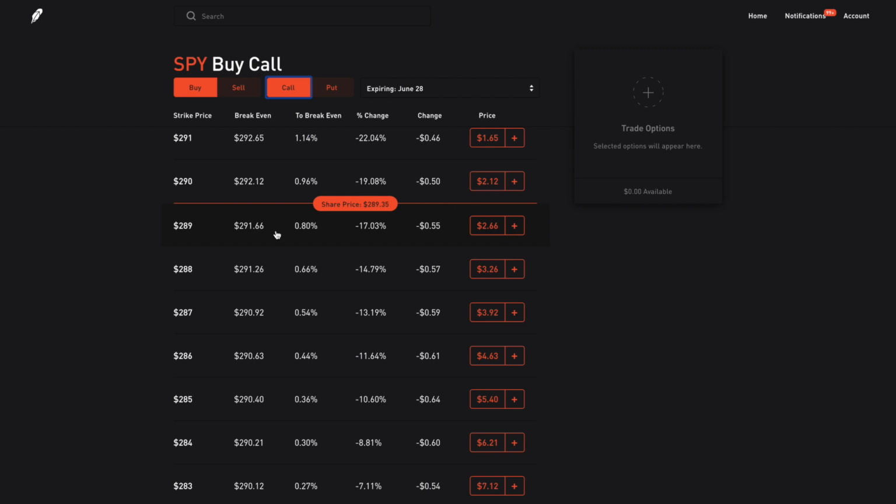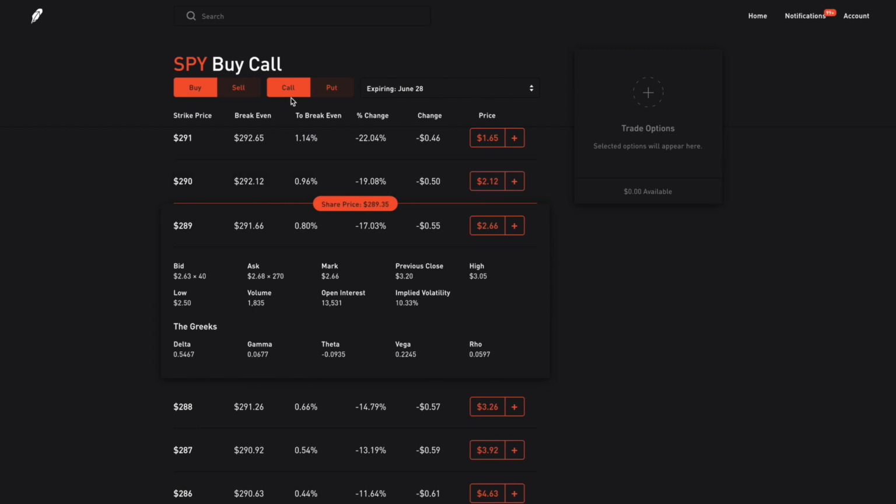So if we just go right under or right at the money for options and we pull up volume, as you can see on a call option expiring June 28th, there is 1,835 in the volume of an option.